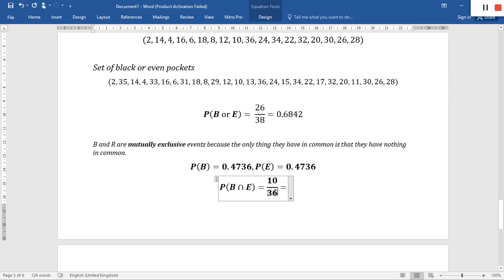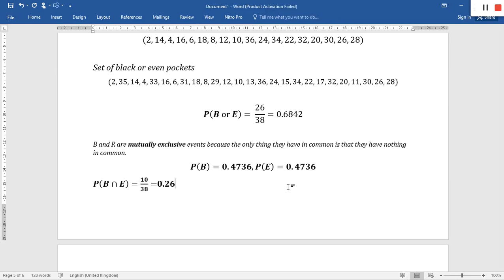Sorry, 38. Oh, thank you very much. 38. So you can see that 36 is already getting into my head. So you have 0.263, 0.2632. That doesn't look very good.